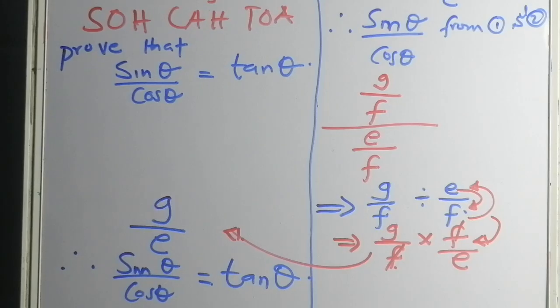All you need to do is get your SOHCAHTOA, sin theta, cos theta, then find the division of both of them. When you cancel out your F and F, you get G over E, which is the same thing as tan theta, which is opposite over adjacent. That is how to prove that. It's very straightforward.